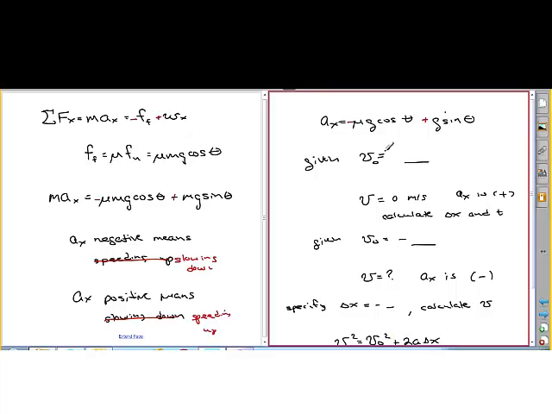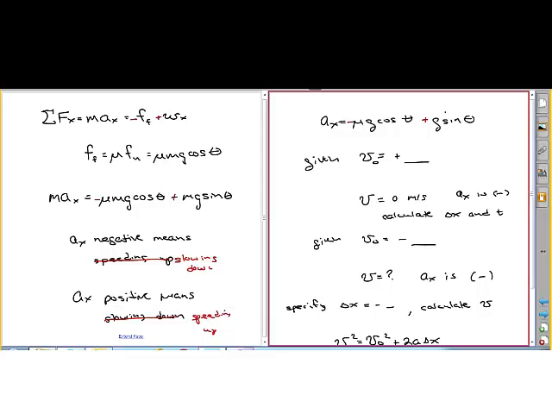So when you have this problem, sliding down would be positive initial velocity. If it's slowing down, the acceleration would be negative, and you would calculate delta x and delta t. In this case, delta x is positive.